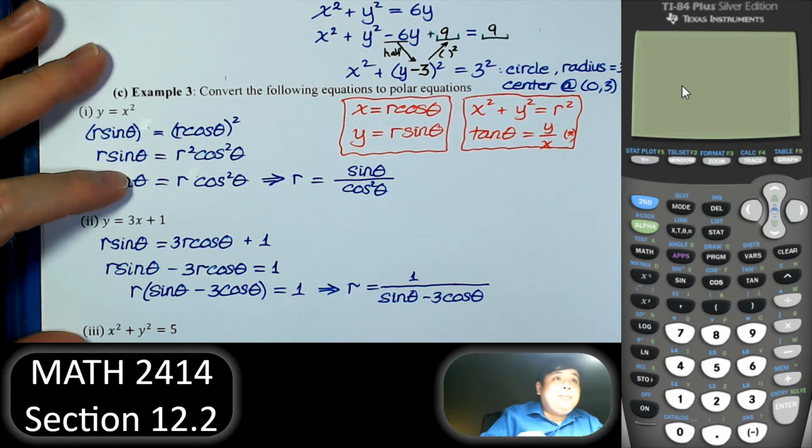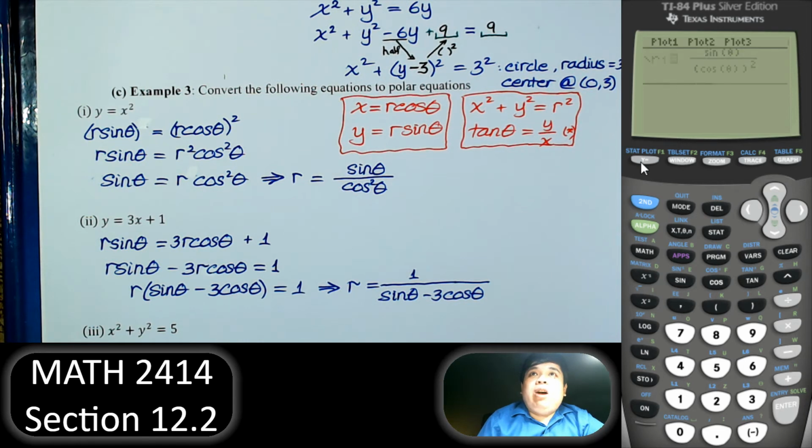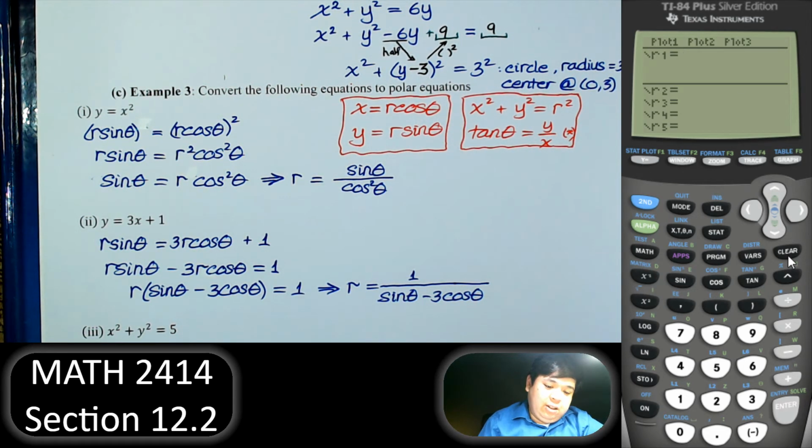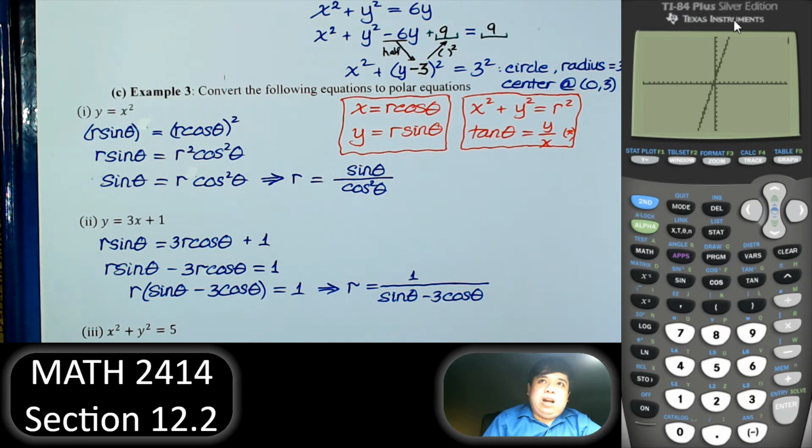Right, just graph that and see if we actually have it. 1 over sine theta, oops, sorry, minus 3 cosine theta. Right, so that is the line 3x plus 1.